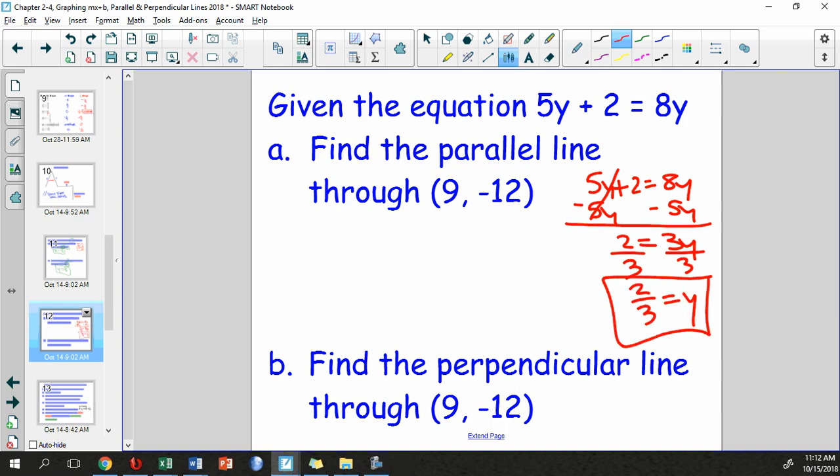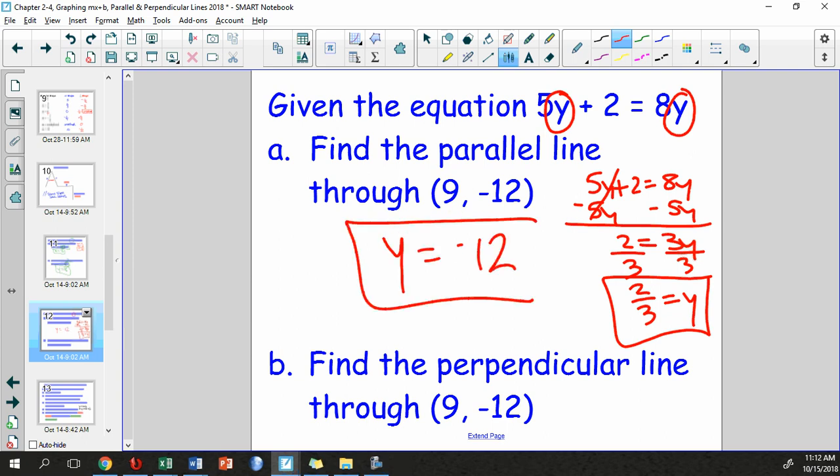What is the only letter in that equation? Did I technically have to solve this? No. I could have looked up here and said, hey, I only have a y in that equation. So if I want something parallel to that, something that has just a y in it, what's parallel to y? Another y, which is y is equal to -12.